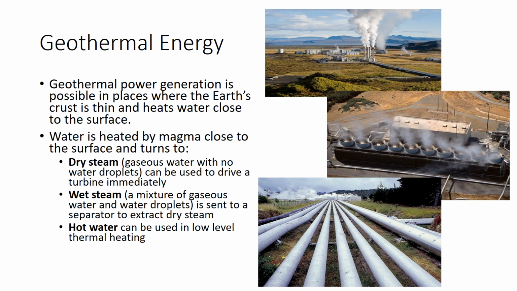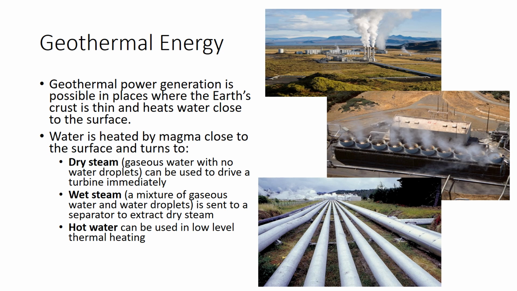So electricity is really only possible with geothermal energy in places where there is tectonic or seismic activity. You need the Earth's crust to be thin so that the magma can heat that water and get enough heat so that it generates steam.